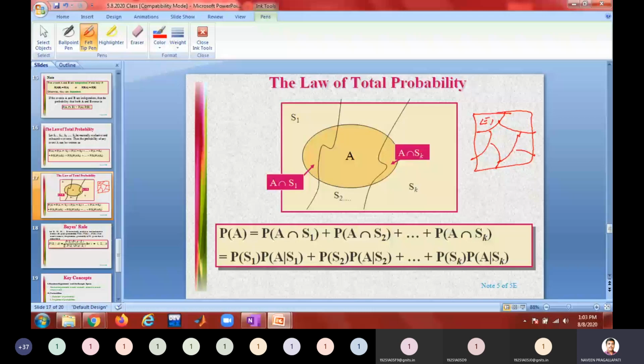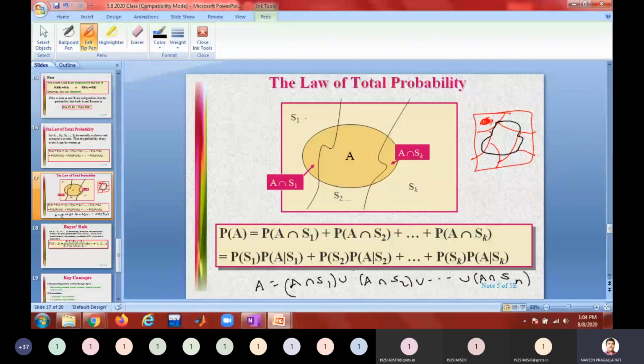You have taken an event A which may have an intersection with some or all of these events. I can write A as A intersection S1 union A intersection S2 union, and so on, A intersection Sn.